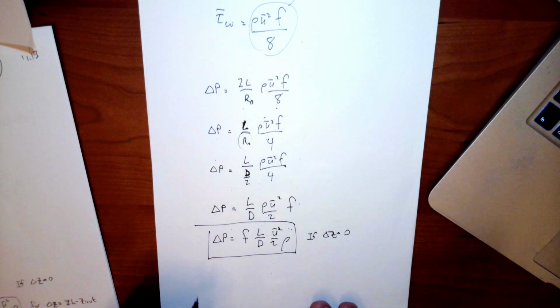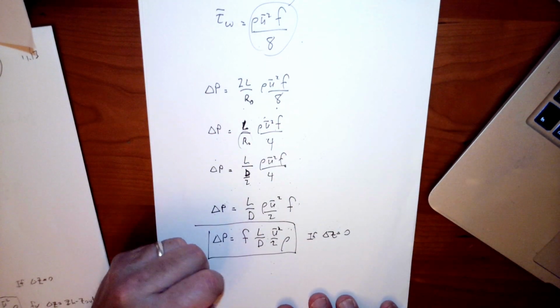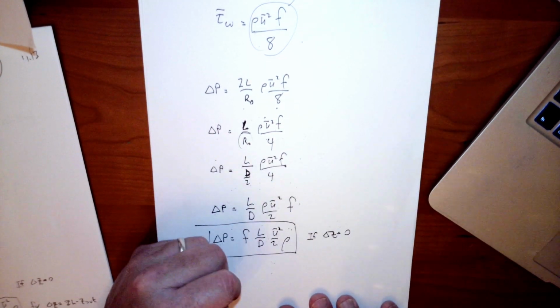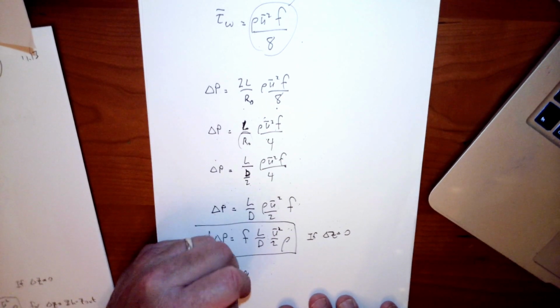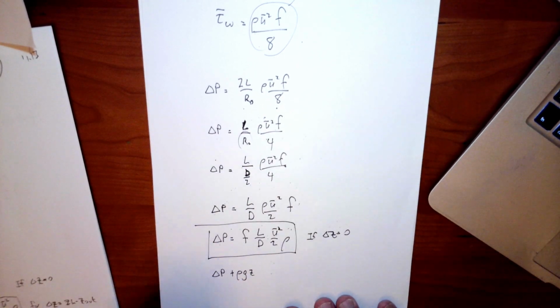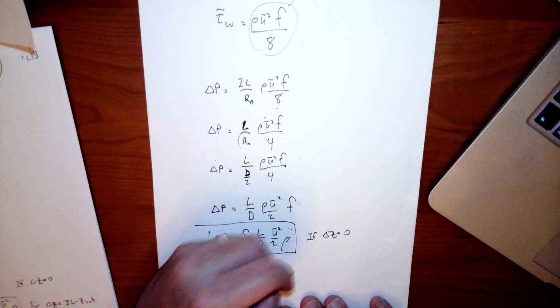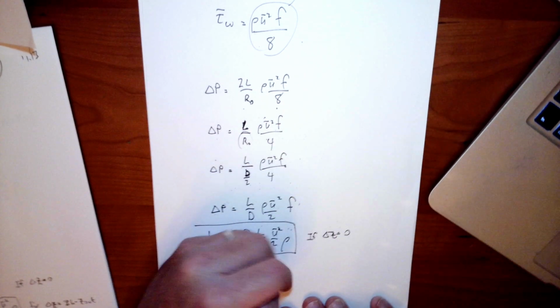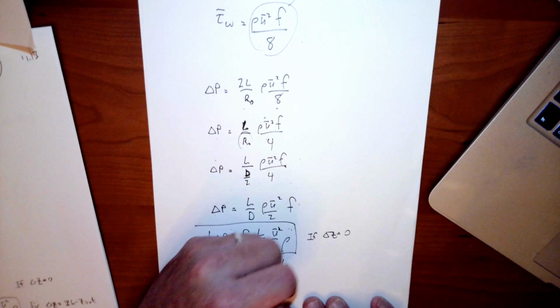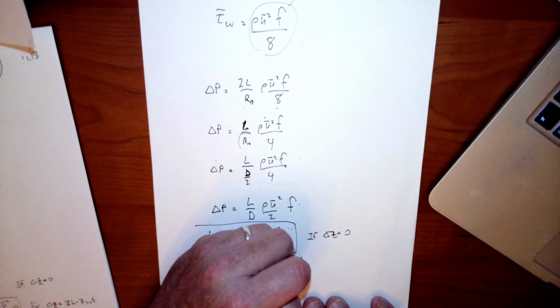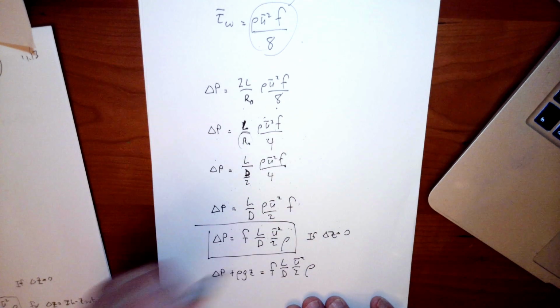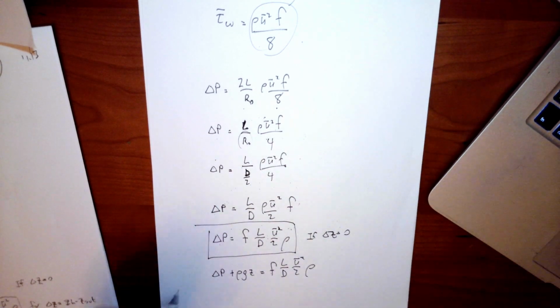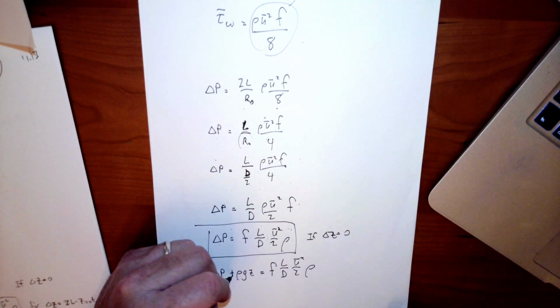If delta Z is not equal to 0, we can add the delta Z component to the left-hand side. So we'll add rho G delta Z over here. So that's going to be an additional force caused by gravity, and we can say that that will equal the same thing, over 2 times rho. So that's an additional source of essentially pressure difference here.